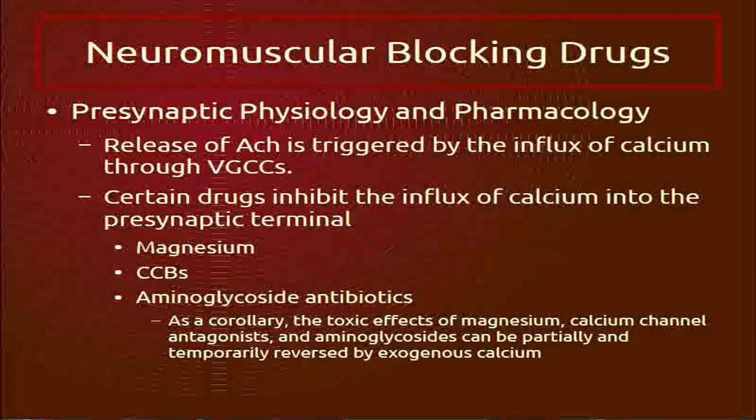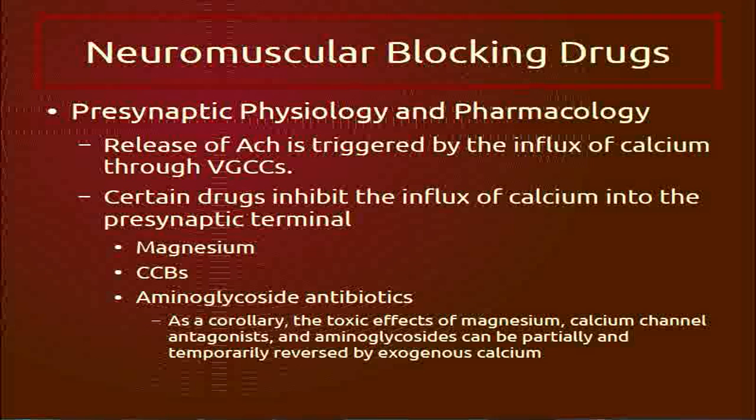If they're both on the same team, they're not competing with each other. So which class of drugs are your competitive antagonists that we're going to talk about today? Your non-depolarizers. And which drug is a non-competitive antagonist? Succinylcholine, because they're on the same team with acetylcholine. So far, so good. Any questions right now? Okay, excellent.